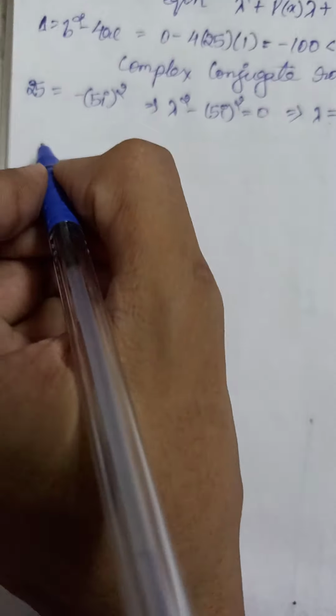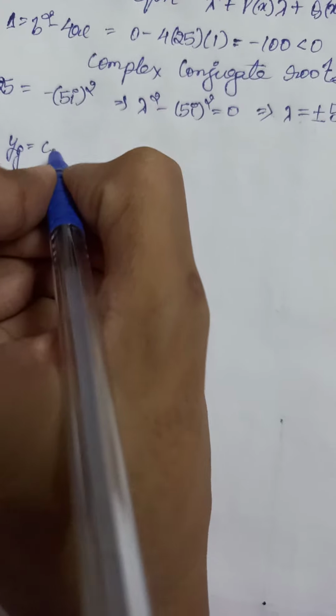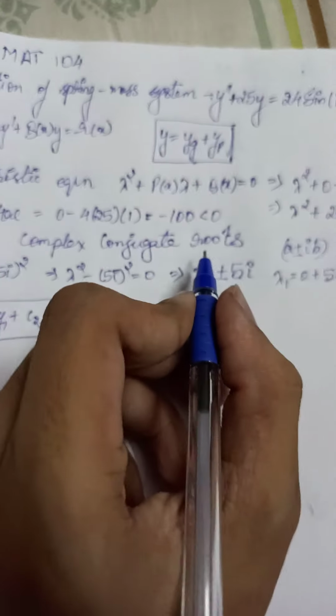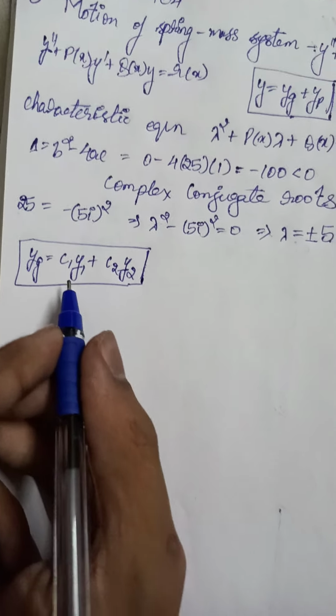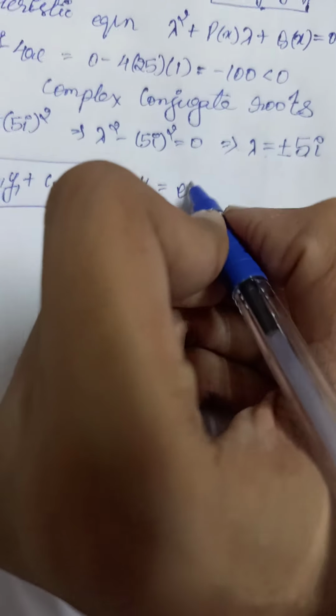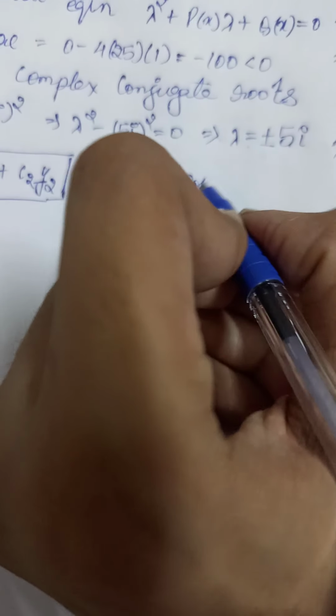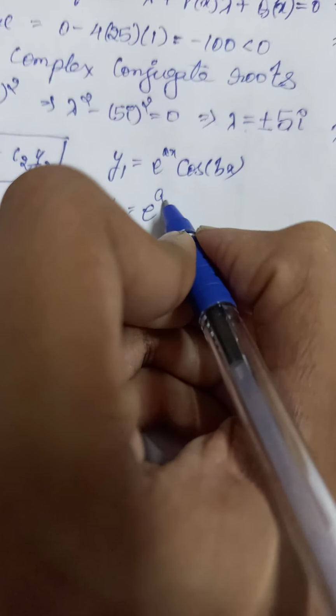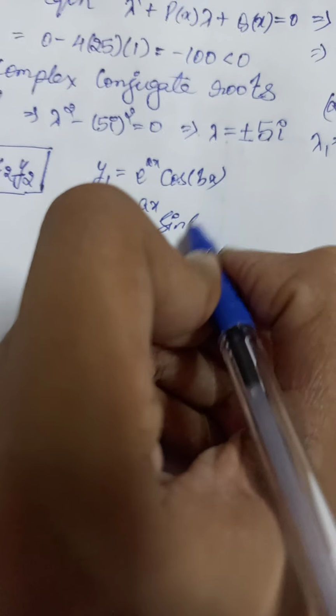Now the general solution yg equals c1y1 plus c2y2. We are very well aware of this. Now because we've got complex conjugate roots, the equations for y1 and y2 are as follows. y1 equals e power ax cos bx and y2 equals e power ax sin bx.